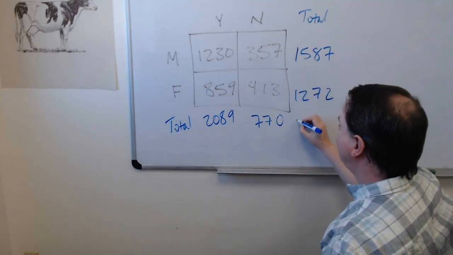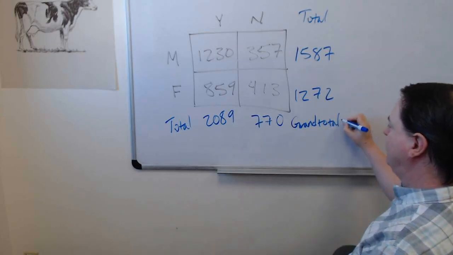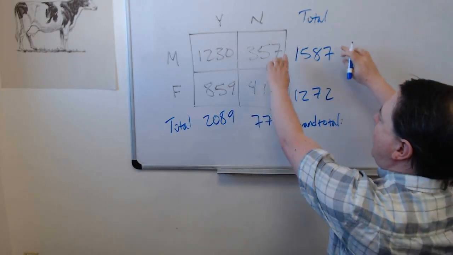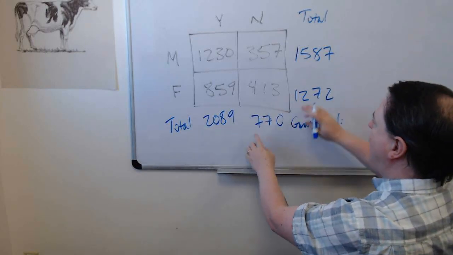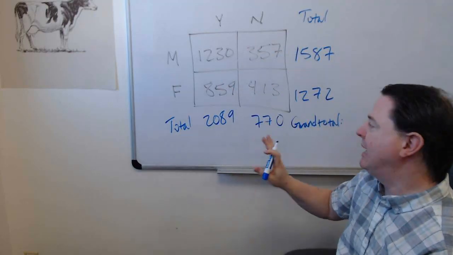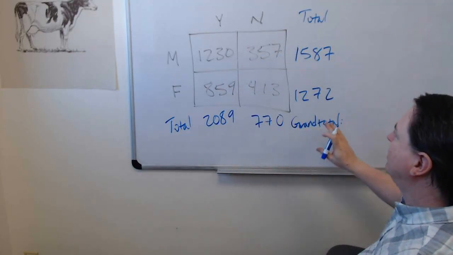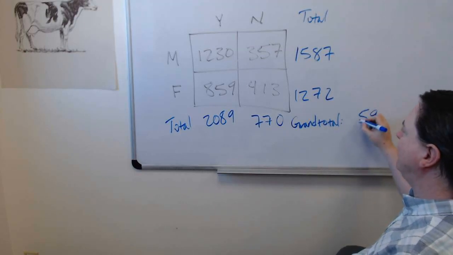So if I want to find the grand total, in other words, how many total people were in this survey, I either add these two together or these two together. I don't want to add all four, because now I'm double counting how many are in the table. So I'm going to just add these two together, just because it's easier to do by hand.